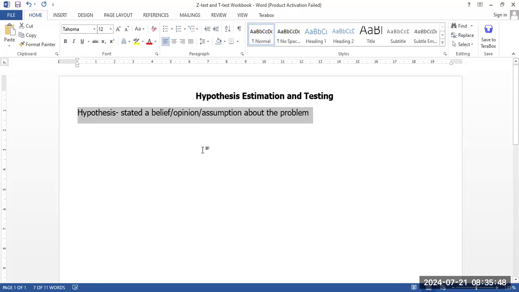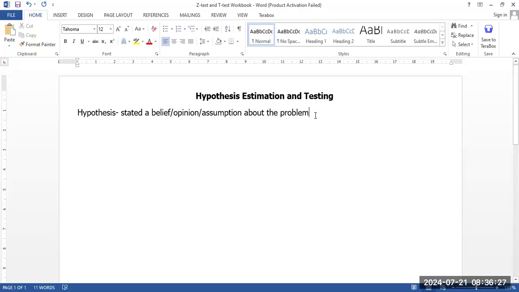Based on that, what is your belief, your opinion, your assumption about that problem? Every time you hear the word hypothesis, know that they are referring to a stated belief, an opinion, an assumption about something.